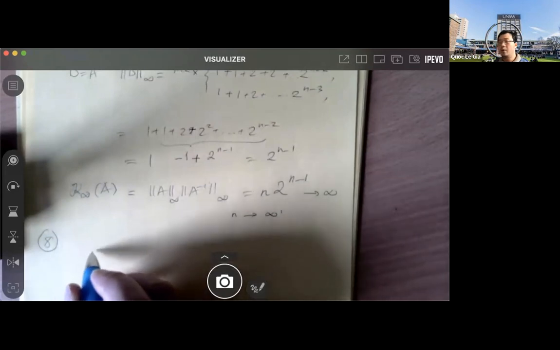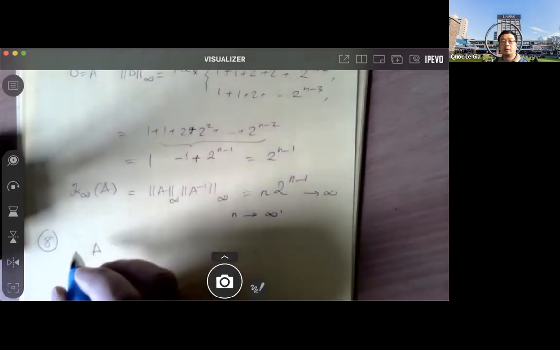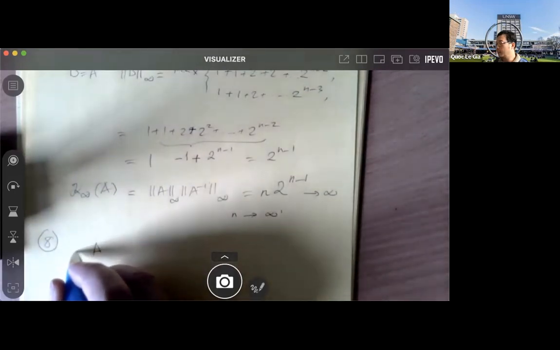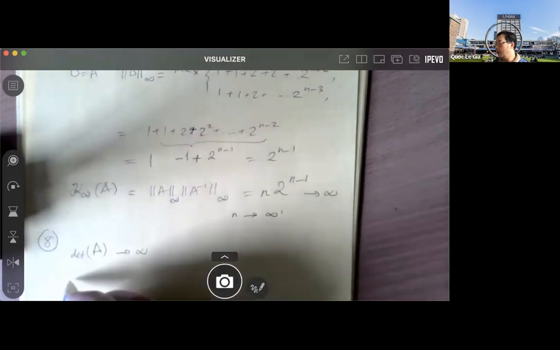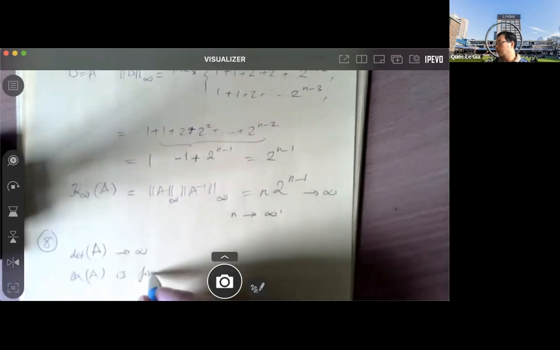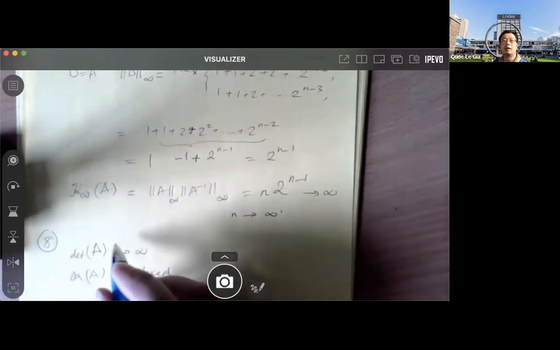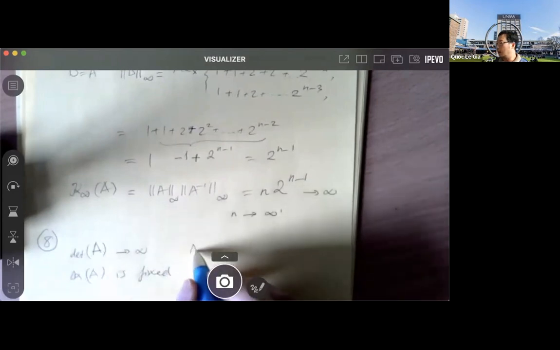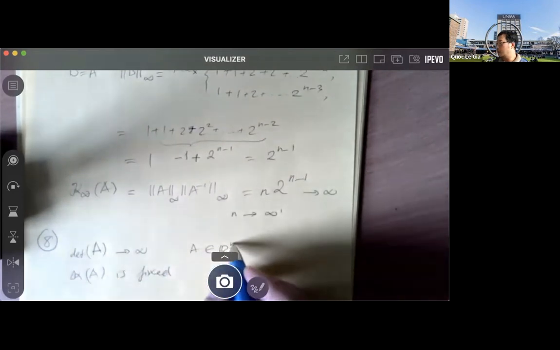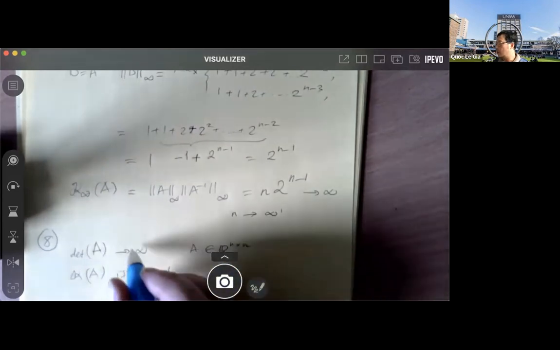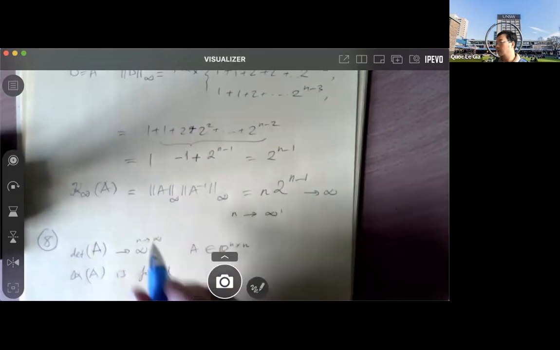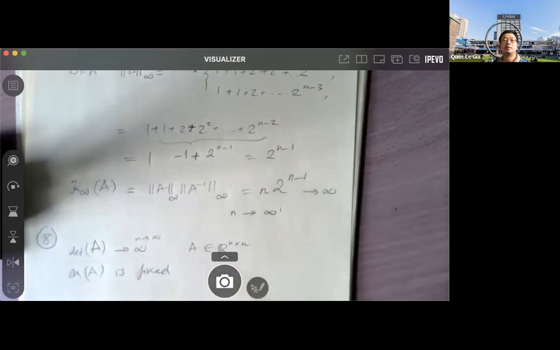Give an example of a matrix A so that the determinant can go to infinity, but the condition number is fixed. Well, this one is an n by n matrix. Okay. So this one is when n goes to infinity. So can you think about a matrix like this?